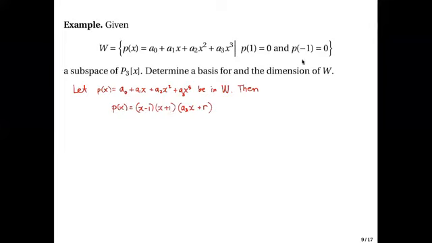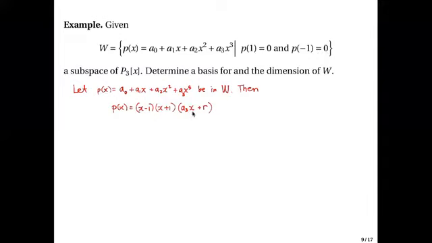The x plus 1 came from this condition, P of -1 equals 0. If we replace our x with -1, this product will be equal to 0. So again, x minus 1 came from P of 1 equals 0, and x plus 1 came from P of -1 equals 0.